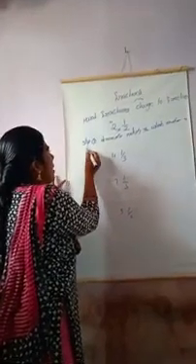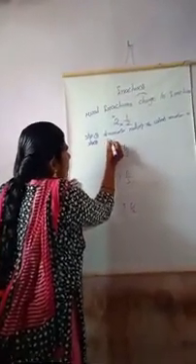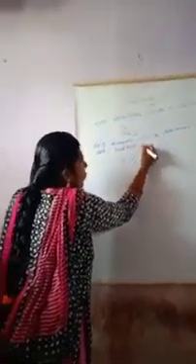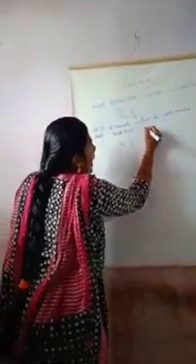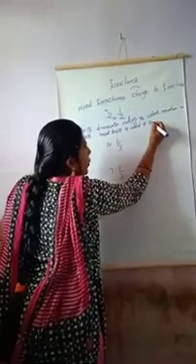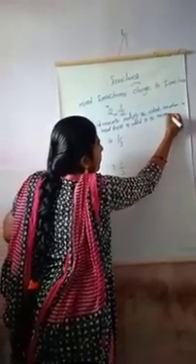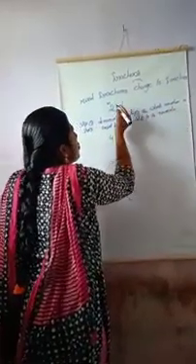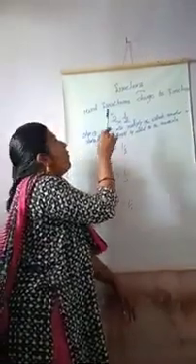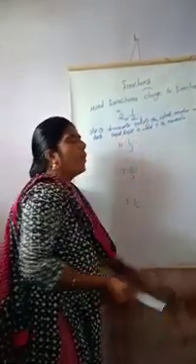Next step, step 2. Get the result. The result is 4. Add it to the numerator. What is the second step? First step, multiply the denominator by the whole number.